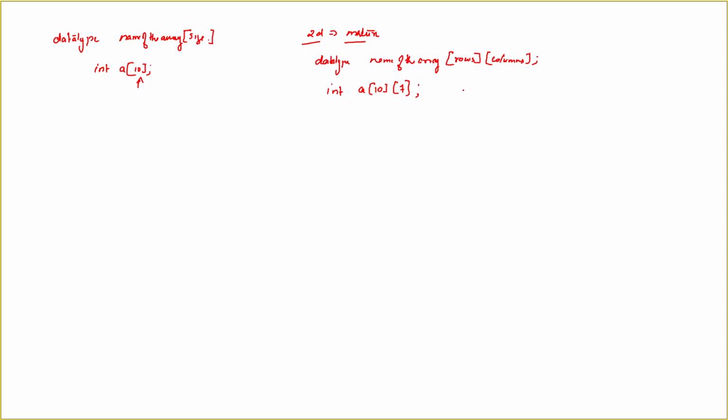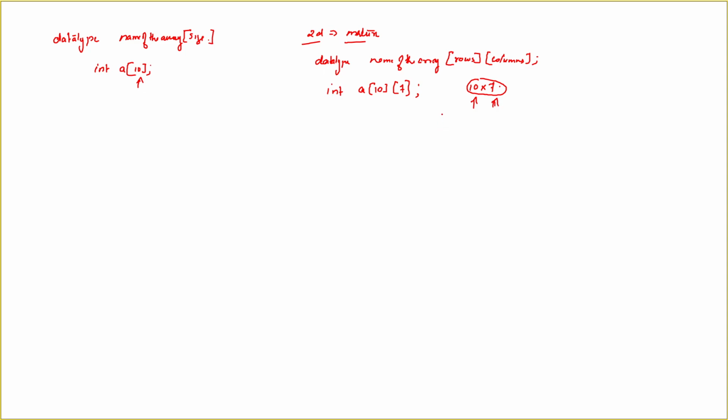This is how I declare a matrix with dimension 10 by 7, where 10 is the number of rows and 7 is the number of columns. So to declare a 10 by 7 matrix, I write int a[10][7].